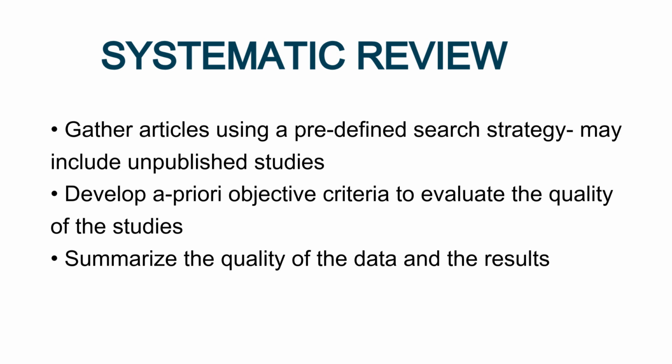Next, we set clear criteria to judge the quality of each study, ensuring consistency and fairness. Finally, we summarize both the quality and findings across all studies to show what the evidence really tells us. In short, a systematic review is methodical, critical, and evidence-based, ideal for rigorous academic research.